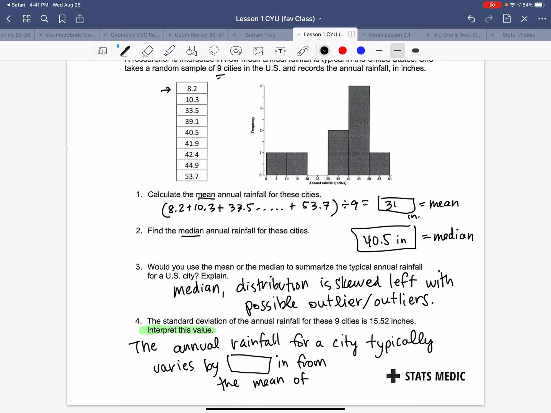I got 34.9 inches. So the mean was 34.9 inches. So that's how far a typical city's rainfall varied from that mean.